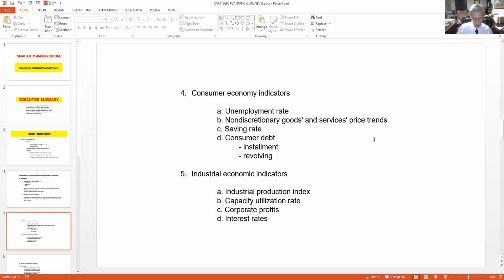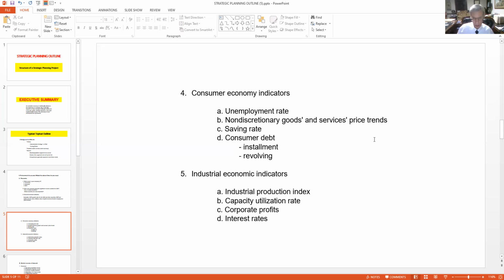There are short-term interest rates that are used for financing of working capital, inventory and receivables. On the other hand, long-term interest rates are used to finance the purchase of machinery, equipment, and even new manufacturing facilities.